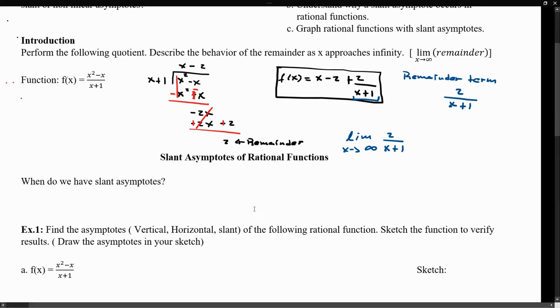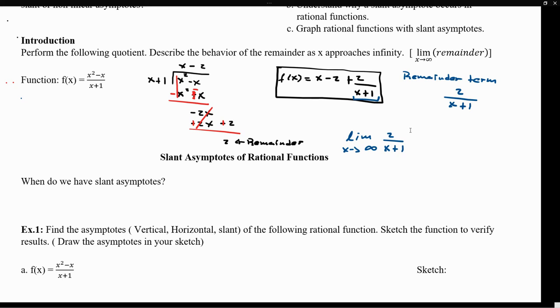So what happens to this whole term as x becomes larger and larger? Well, let's take a look. The 2 is fixed. The numerator is always going to be 2. Now the denominator is going to start getting larger and larger, and notice as my denominator gets larger and larger, the whole number is getting smaller and smaller. 1 divided by 10 is definitely larger than 1 divided by 100, which is definitely larger than 1 divided by 1,000.